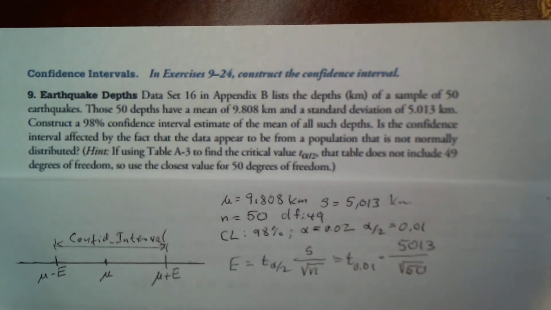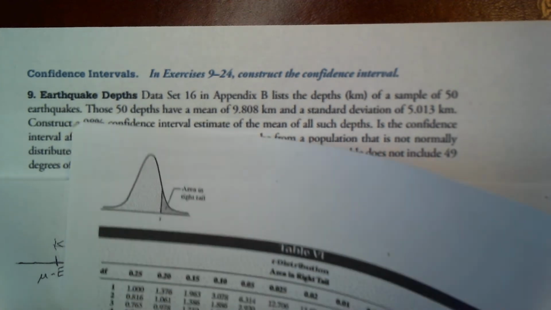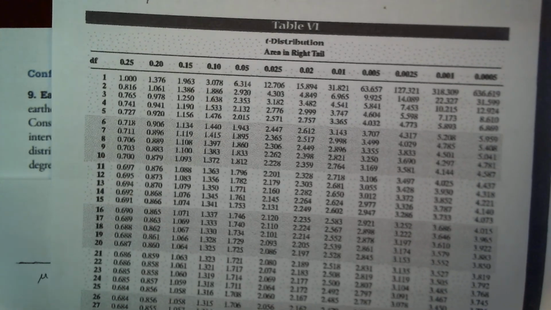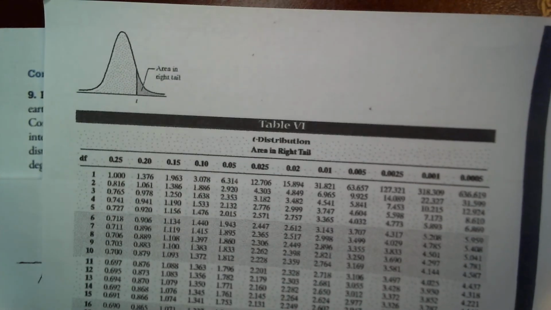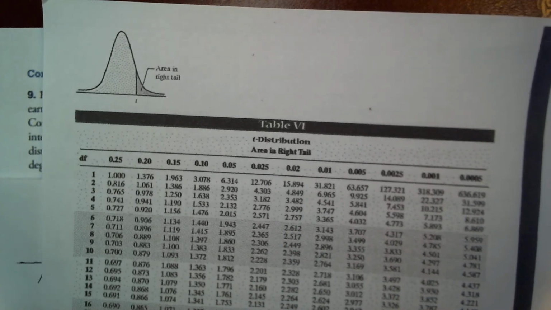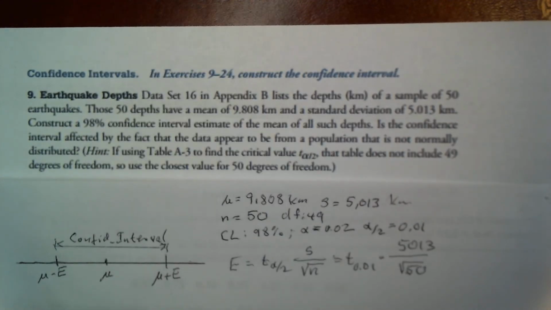So we look at the t table, the t distribution, and since we don't have 49, we use 50. And for 1%, here's 50, and here's 1%: 2.403. So 2.403 is our t sub 0.01.